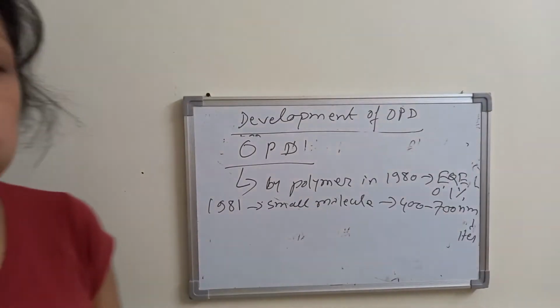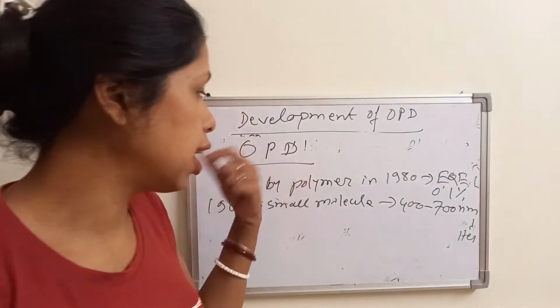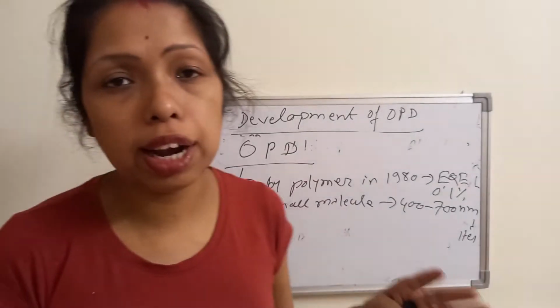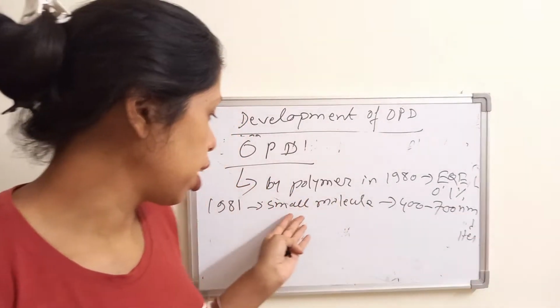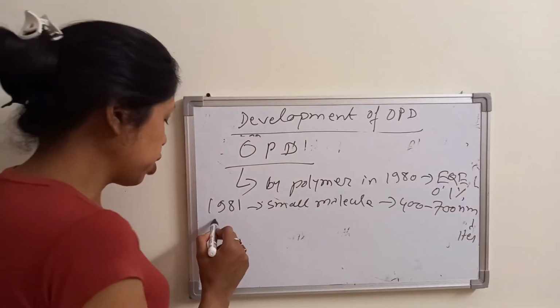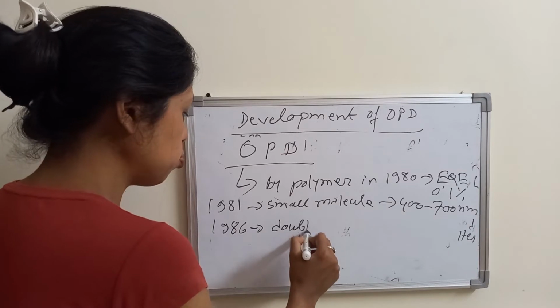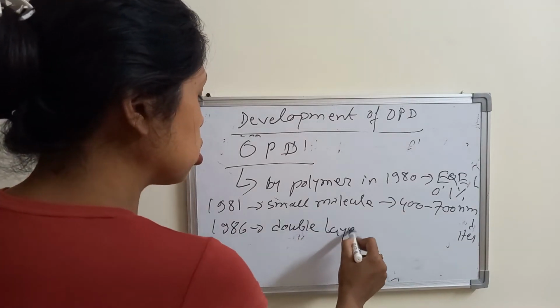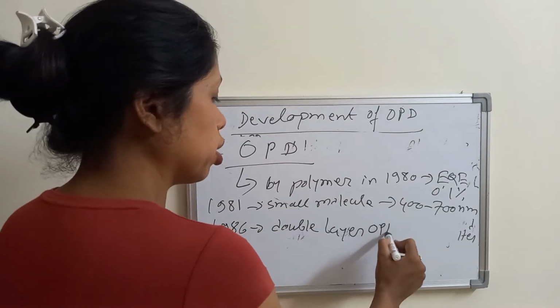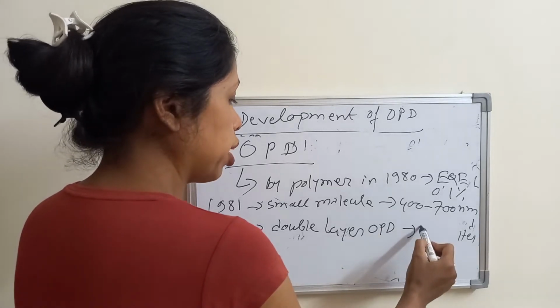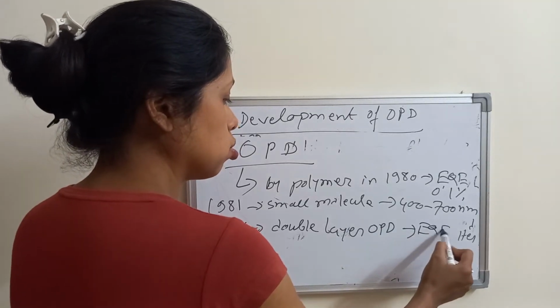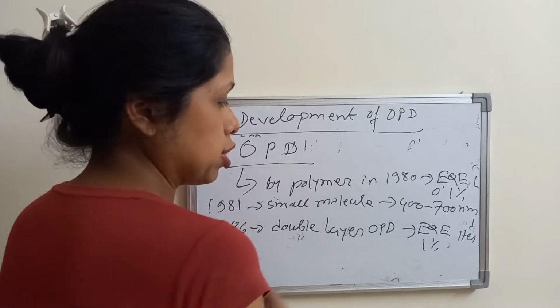This is the single layer OPD, where only one polymer layer was used, and here only one small molecule layer was used. In 1986, a double layer OPD was designed. The EQE found was 1%, right?